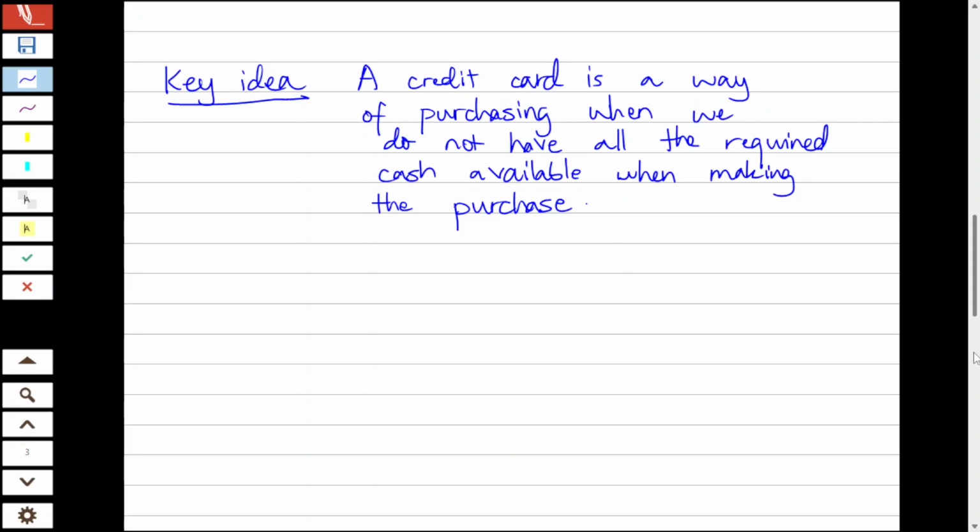So here's the basic idea. I'm kind of a musician, so I'll use a music example. Let's say there was a really nice guitar that I wanted to buy, and the guitar cost $2,000, but I only have $1,500 of savings.